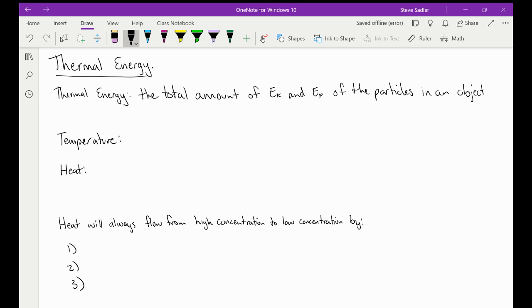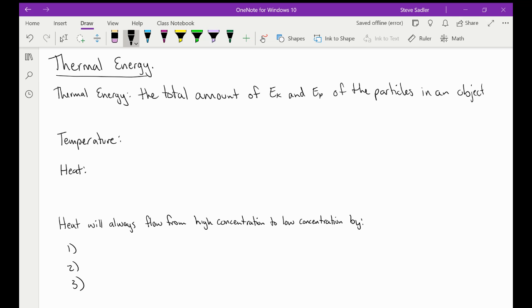So we know, hopefully from chemistry or Science 10, that as a material is heated up, the molecules start moving faster and faster, and that material generally expands. As you get more thermal energy, the particles are going to have more kinetic energy. They're going to be moving around faster and faster. That's why there's more thermal energy. There's more kinetic energy.